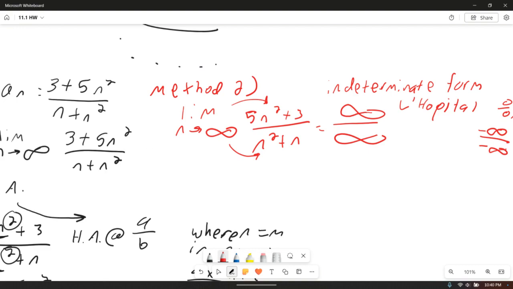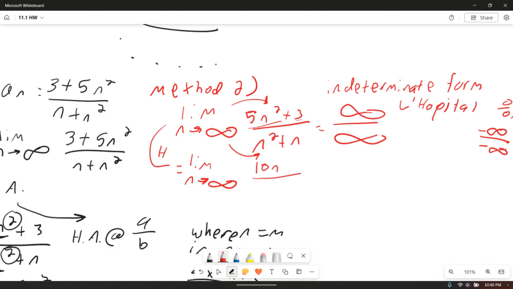So what L'Hopital's rule says is that this limit will just equal, applying L'Hopital's rule, the limit as n approaches infinity, keeping the same limit, and then we just derive the top and derive the bottom. The derivative of 5n squared is just 10n.